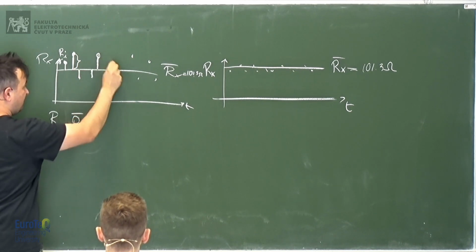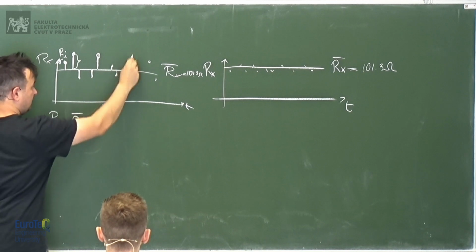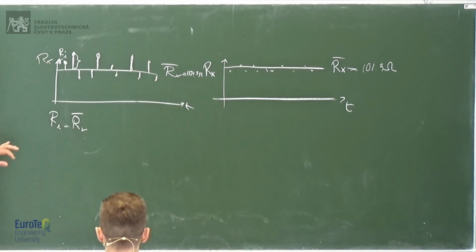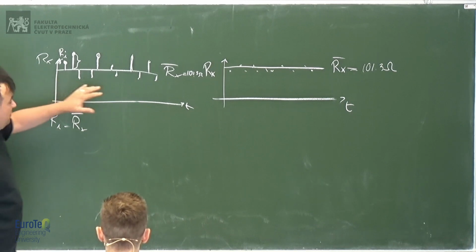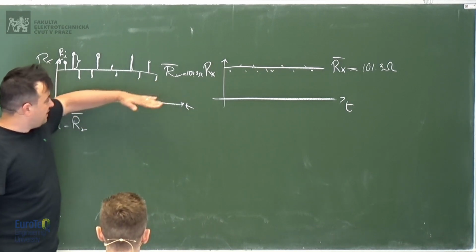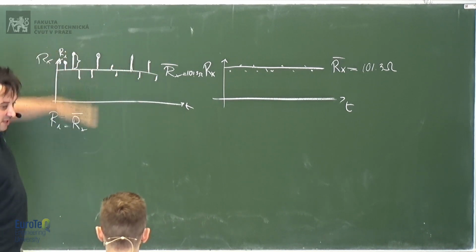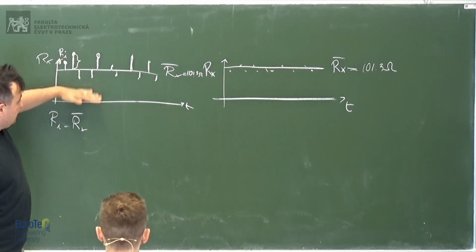Now, if you sum them all, you get 0, because by definition the average is that value which is right in the middle, so if you sum all the plus and minus scatter, you get 0.